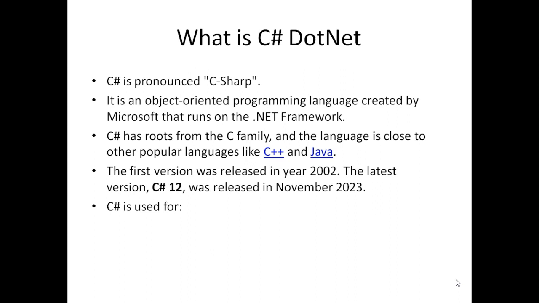It is an object-oriented programming language, so you have one basic idea about the OOPS concept, which is used in previous languages like C++ and Java. The language is close to other popular languages like C++ and Java. The first version was released in 2002. The last version, C# 12, was released in November 2023.